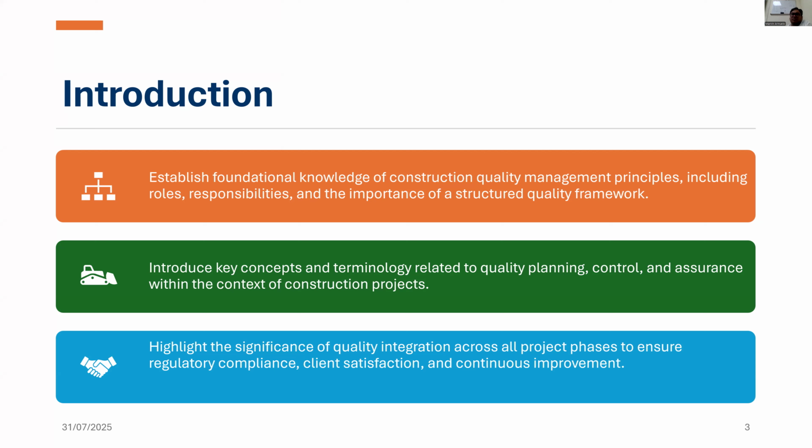We will introduce the key concepts and terminology related to quality planning, control, and assurance within the context of construction projects, and highlight the significance of quality integration across all project phases to ensure regulatory compliance, client satisfaction, and continuous improvement. Okay.